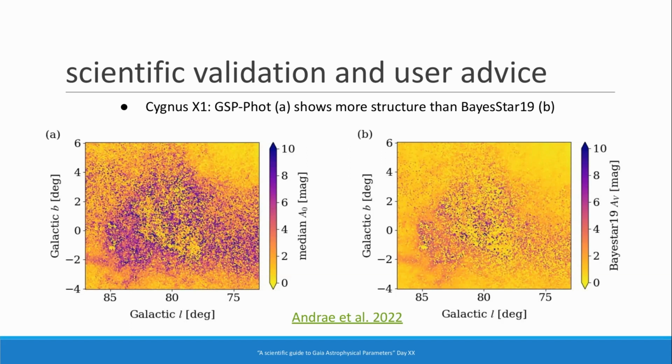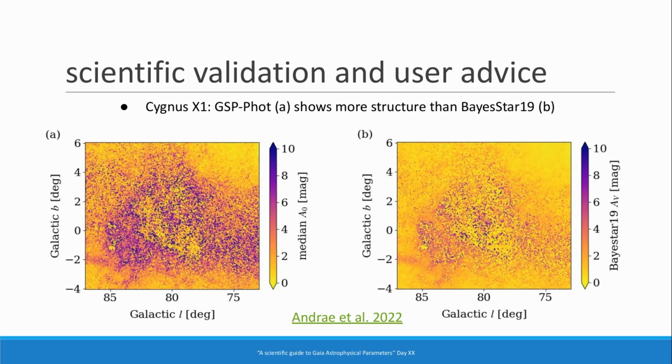On the left-hand side, these are GSPPhot results. And on the right-hand side, these are results from Bayestar19. And you can see that in general, the structures are very similar with high and low extinction. What you can also see is that GSPPhot can reach slightly higher extinction than Bayestar.